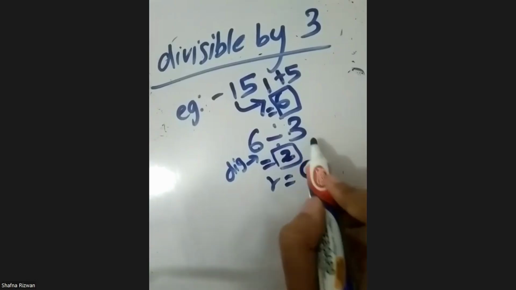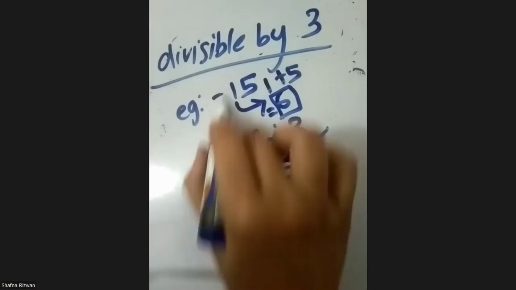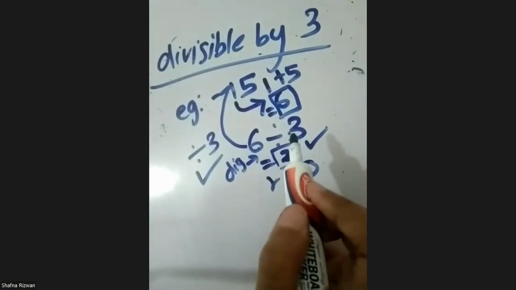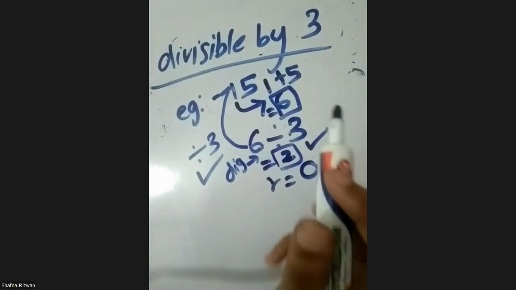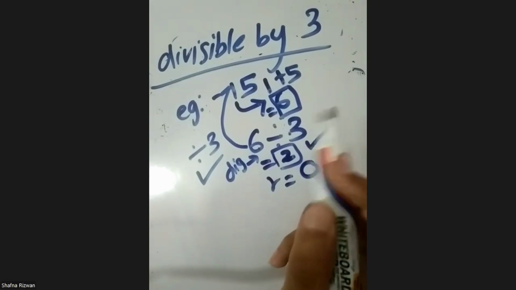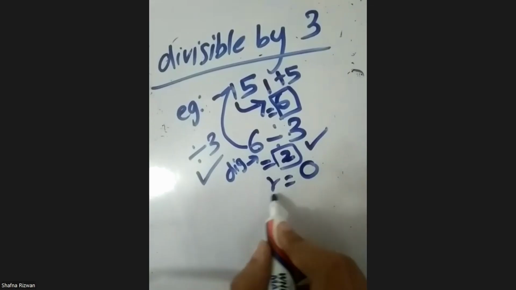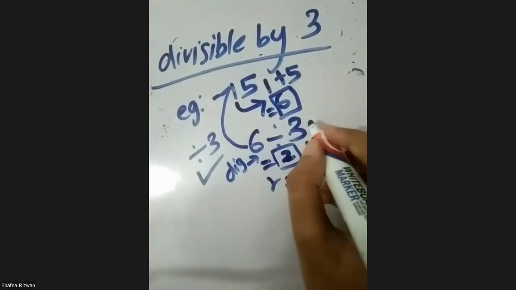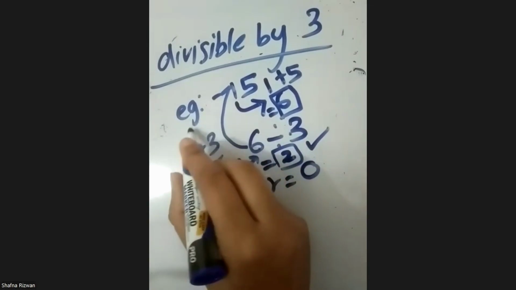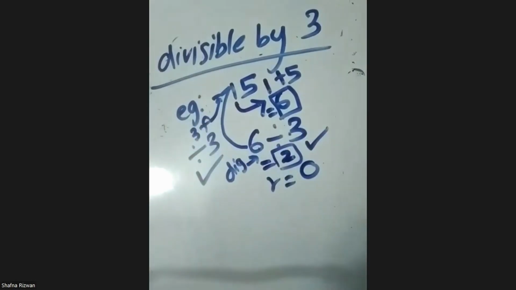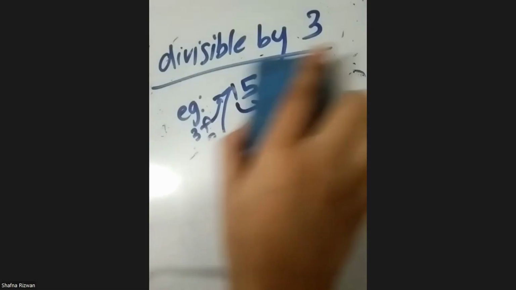So that means your number 15 is also divisible by 3. That's how we find whether a number is divisible by 3 or not. Also, you can say that 3 is a factor of number 15.